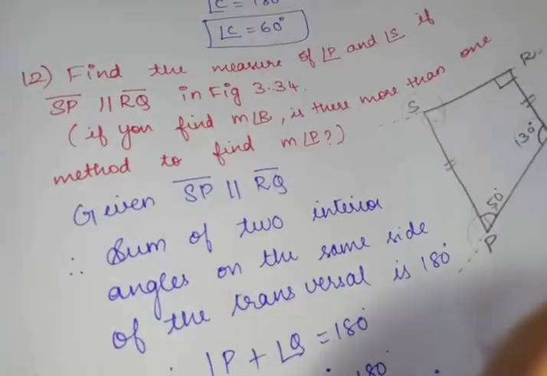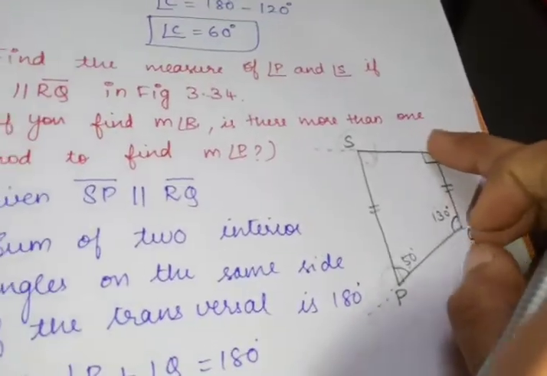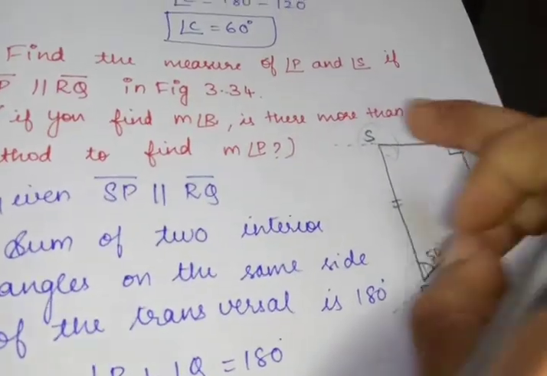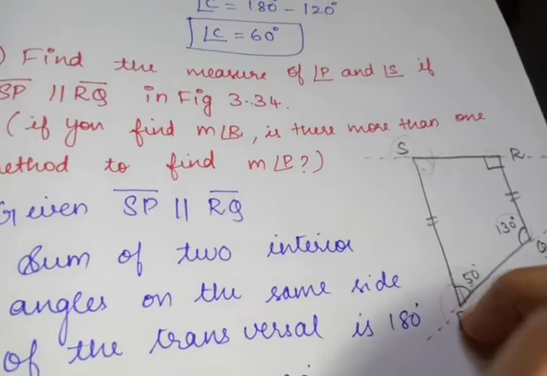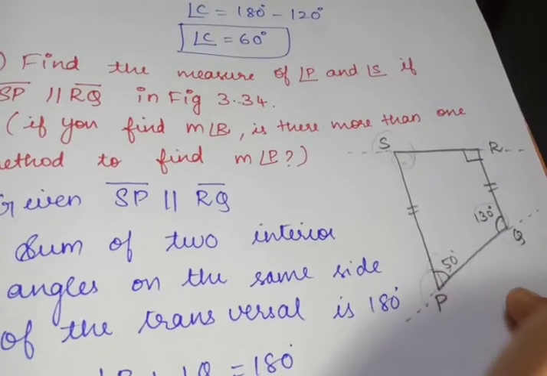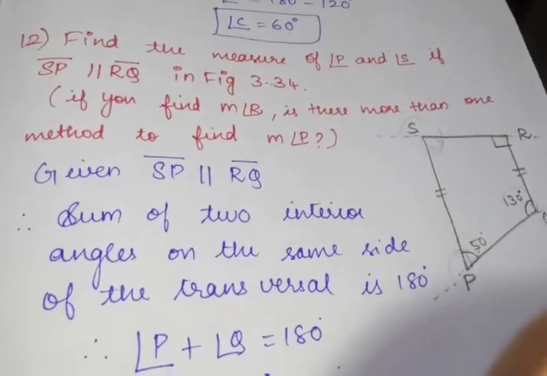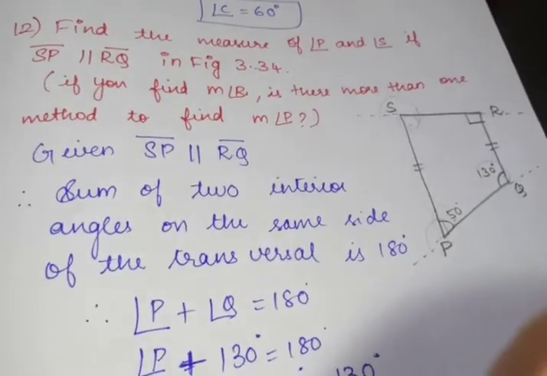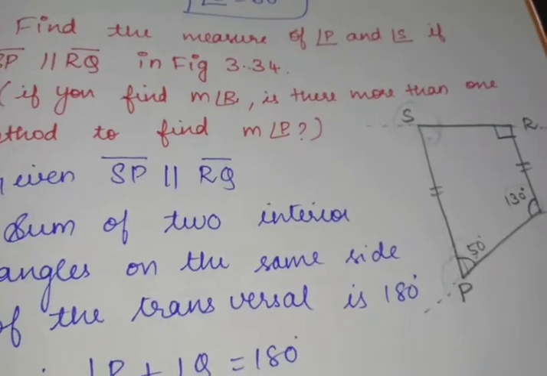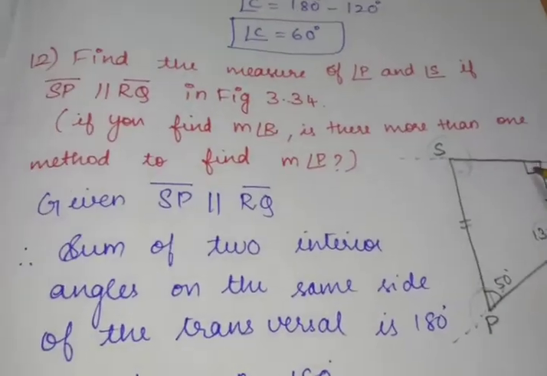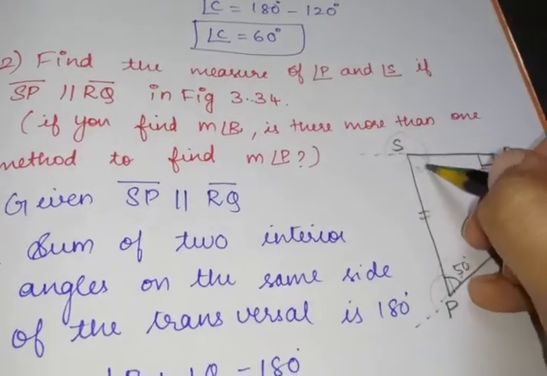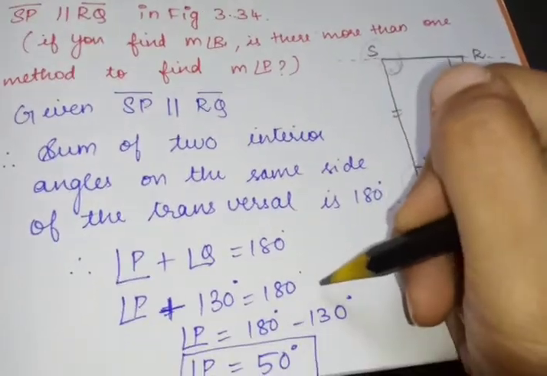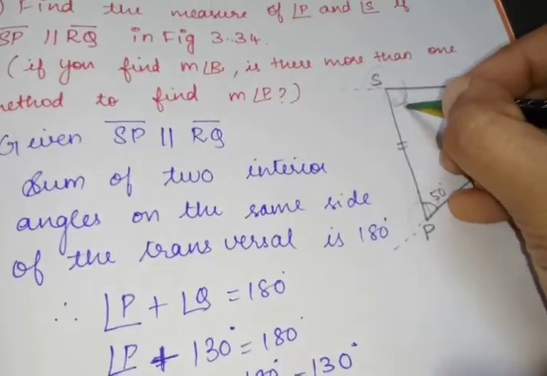So we have found the value of angle P as well as angle S. Is there any other method to find the value of P? We know this is 90 degrees, this is 130, and S is 90 degrees.